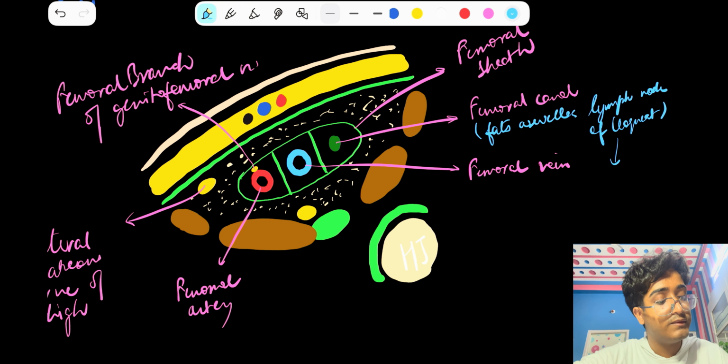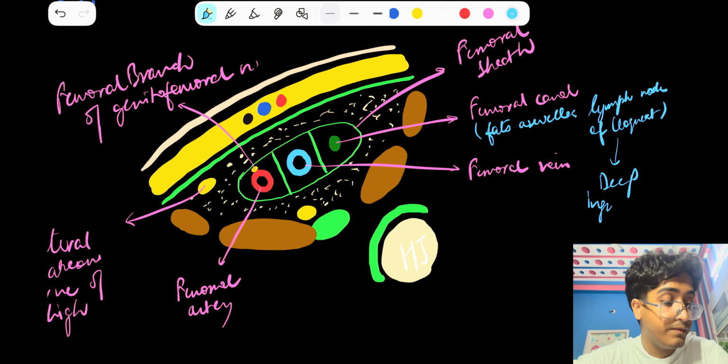This lymph node of Cloquet is the deep inguinal lymph node.